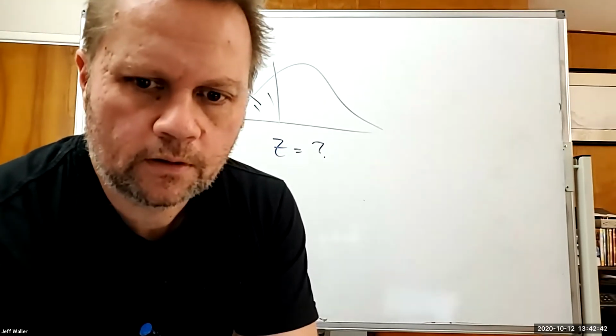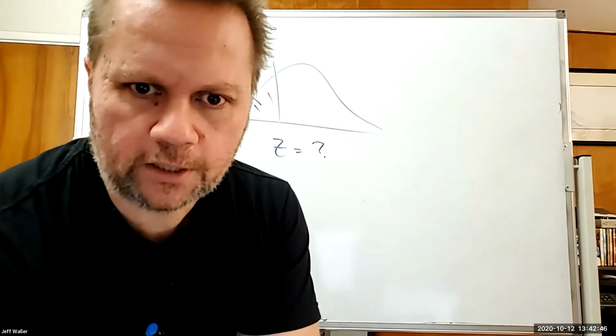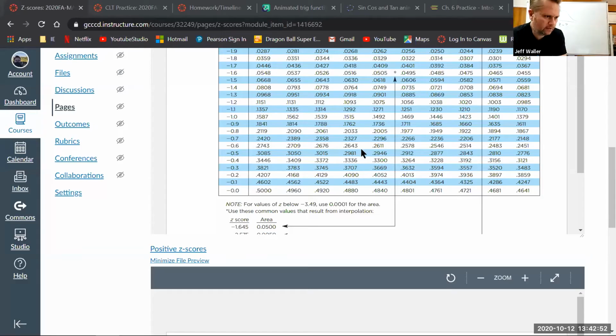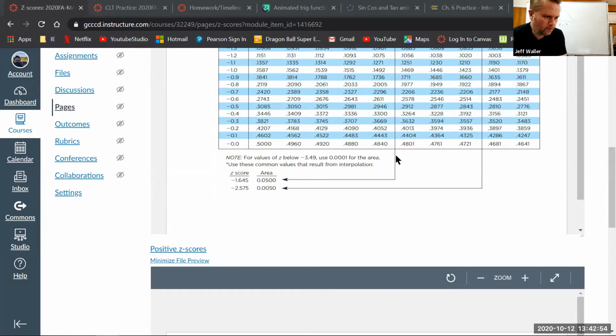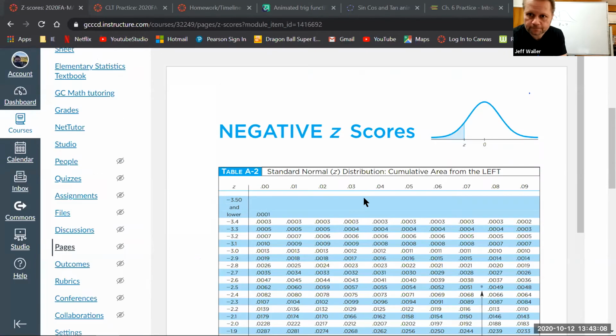Negative 0.23. Yeah, let's take a look here. Let me do it with you guys. So the closest I can get to 0.41 looks to be right there. Yeah, I agree with you. You guys see that? 0.4090? That looks to be the closest I can get to 0.41. So that's negative 0.23.